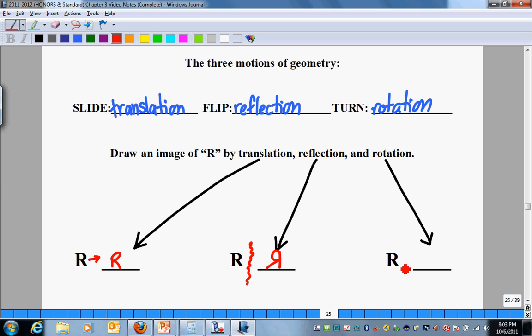A rotation, imagine if you took that R and you rotated it, either a half turn or a quarter turn. So some sort of turning motion. This would be a half circle turn, that would be 180. A quarter turn would end up being horizontal. That would be a rotation.